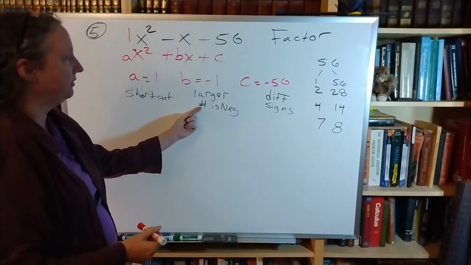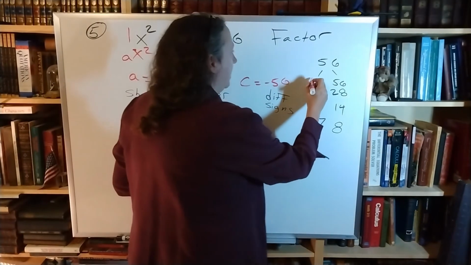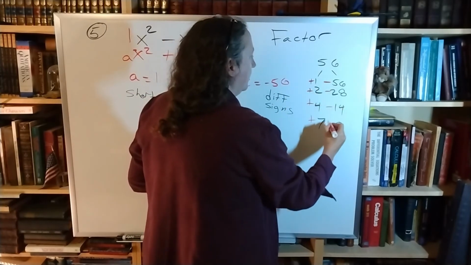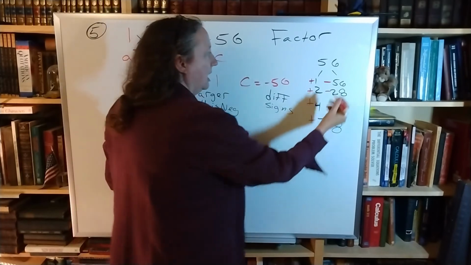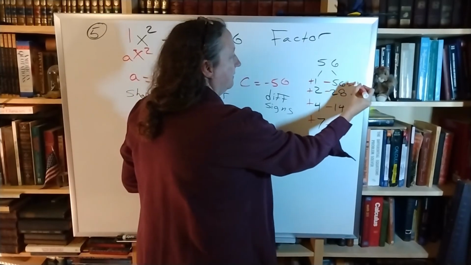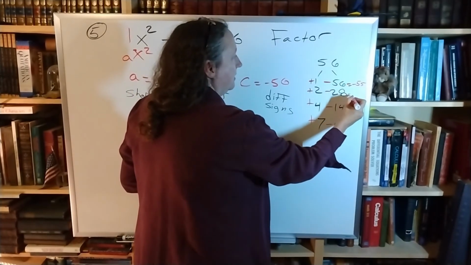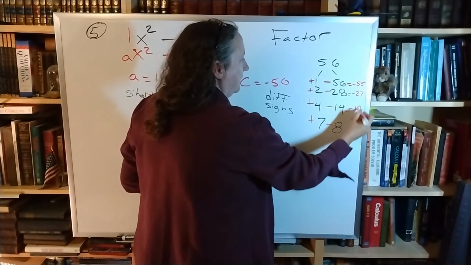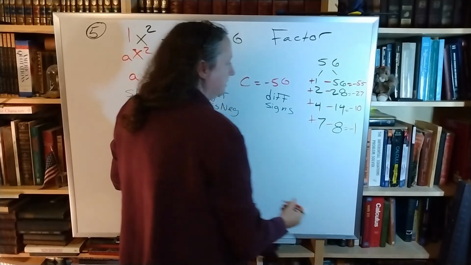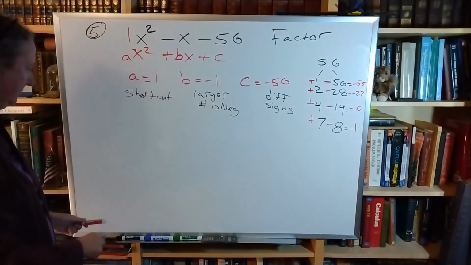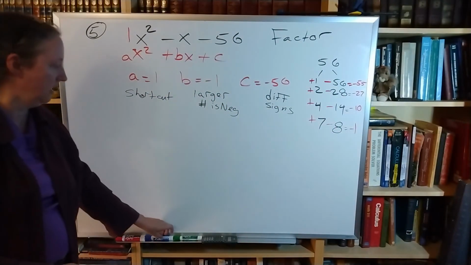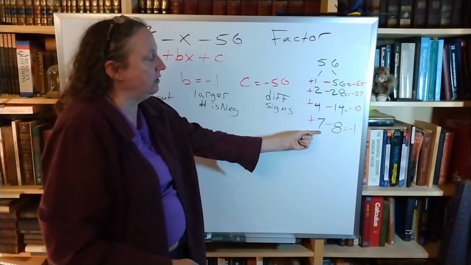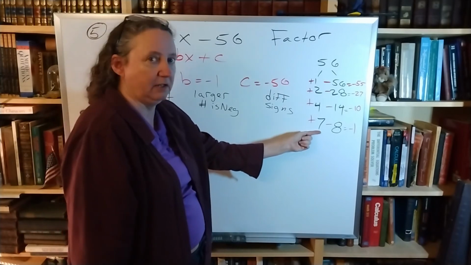I know my larger number is negative. So this is a positive small number, negative larger number. And I have to figure these out. There's negative 55, negative 27, negative 10, negative 1. I'm looking for b to be -1, so I know that I have my positive 7, negative 8.